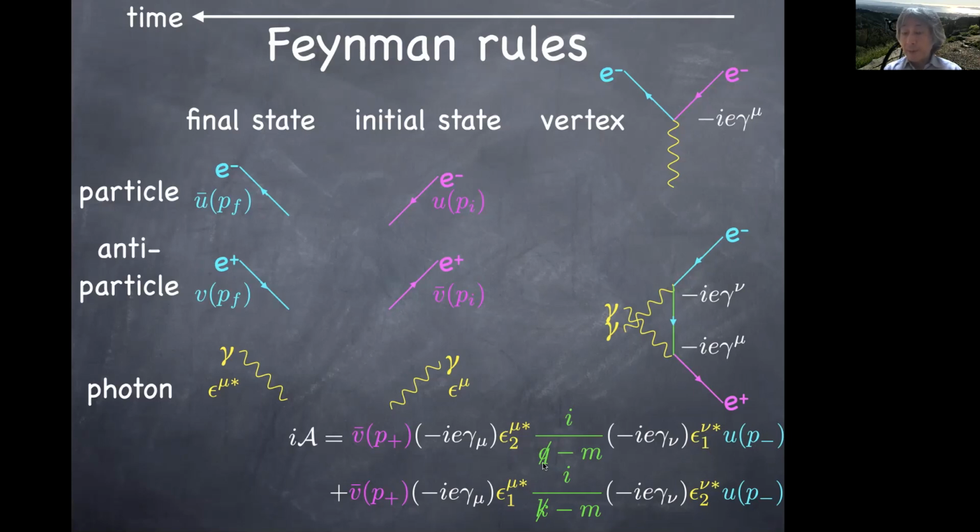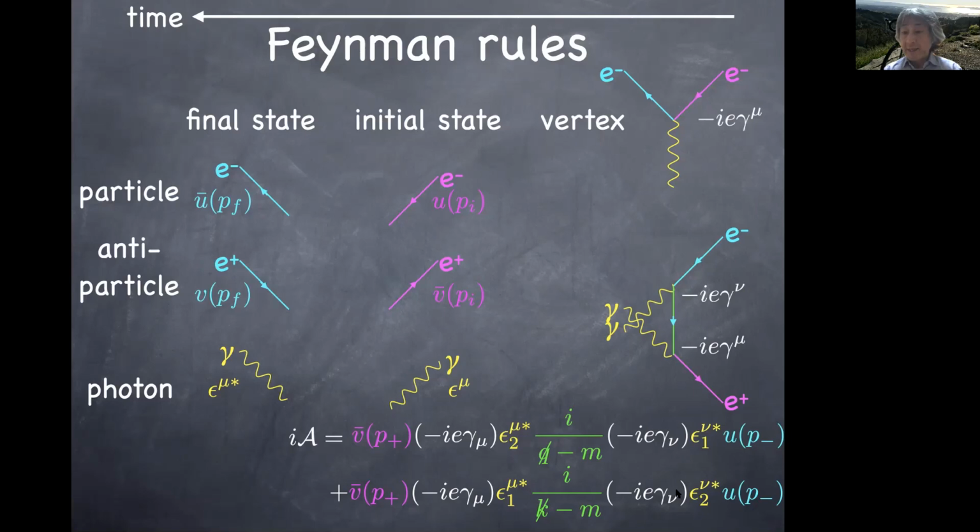That would be this four momentum Q. But for this diagram, I interchange them. So this momentum in the green line would be P minus for the electron four momentum minus the photon momentum for the second photon. And that is the four momentum K for this internal line.